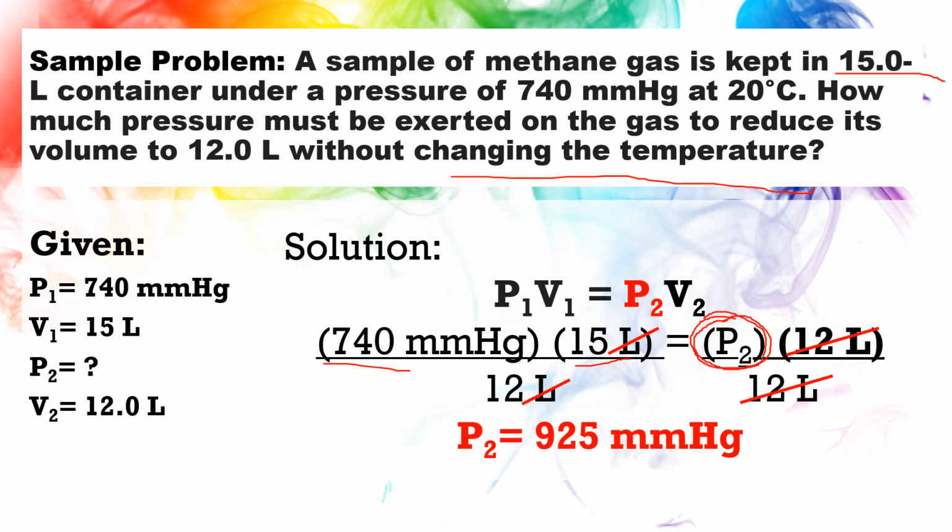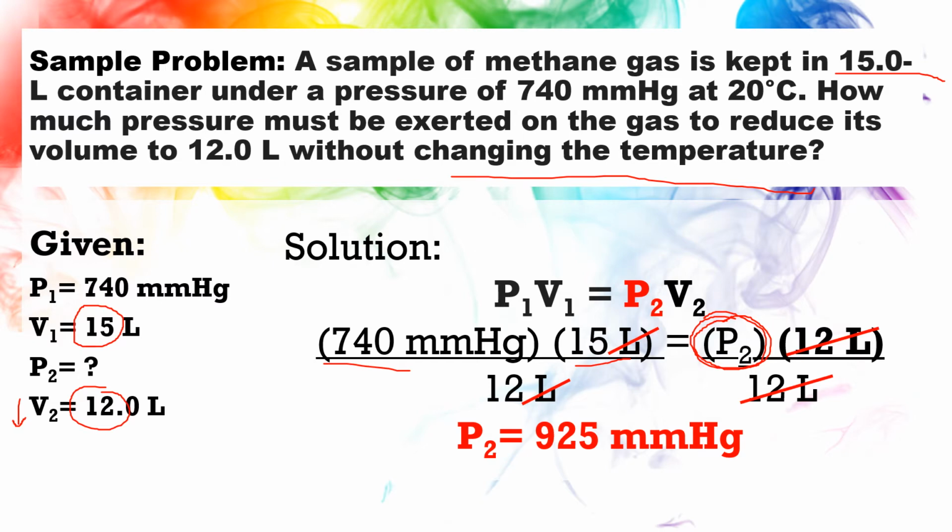Again, Boyle's law states that pressure and volume are inversely proportional. So as we can see here on the volume, it's from 15 to 12 liters. So there is a decrease in volume. So we expect therefore that the pressure must increase.